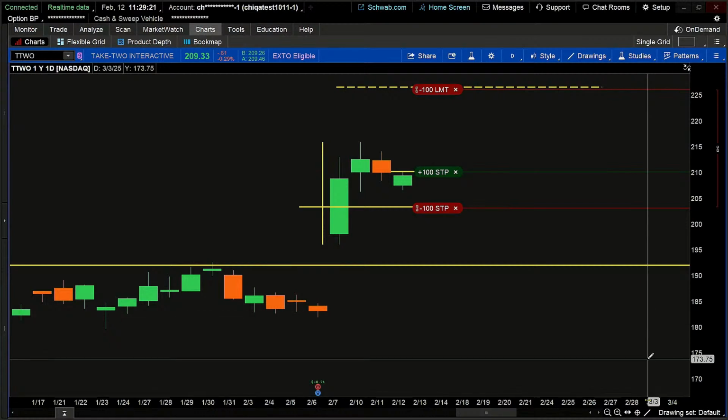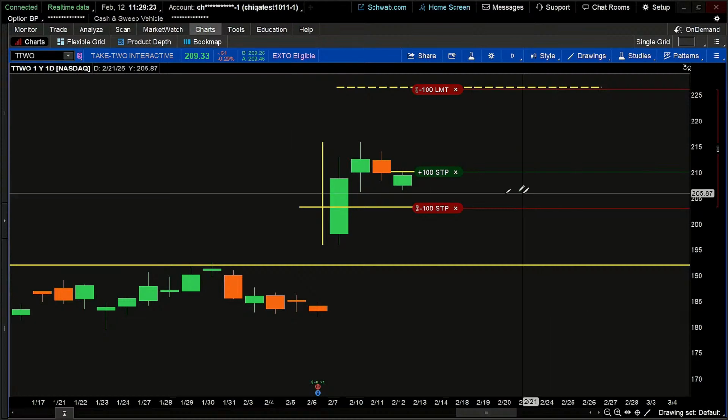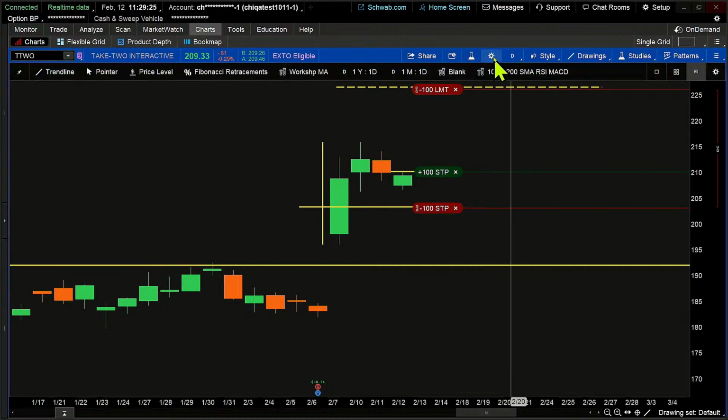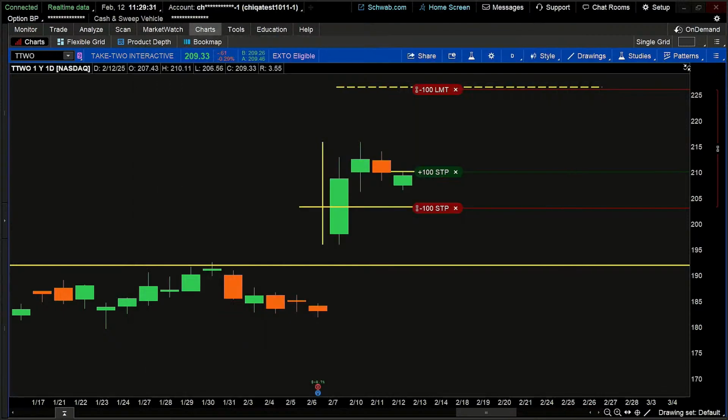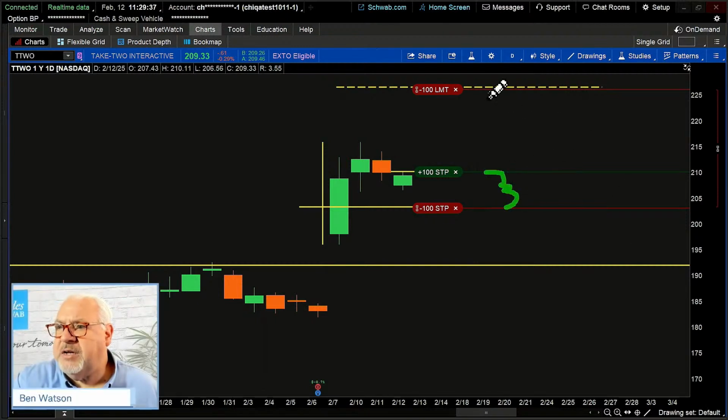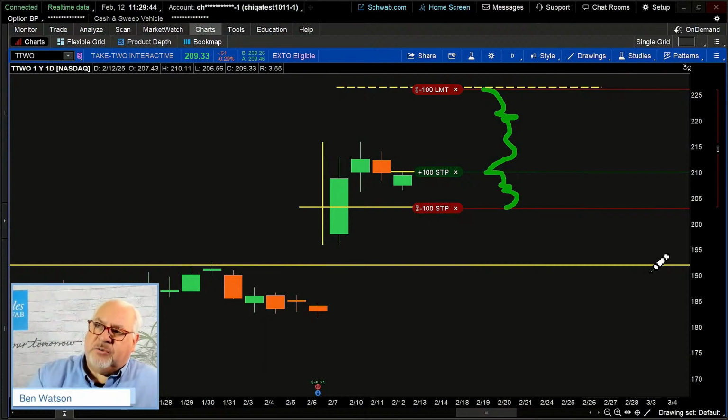And you can kind of see, and this is what's nice about having these orders pop up, and you can set this up by clicking on the gear icon and clicking on show orders right here. But this gives me kind of a nice perspective because I can visually see that this potential for loss in the trade is less than this potential for gain in the trade if it goes all the way to the target.